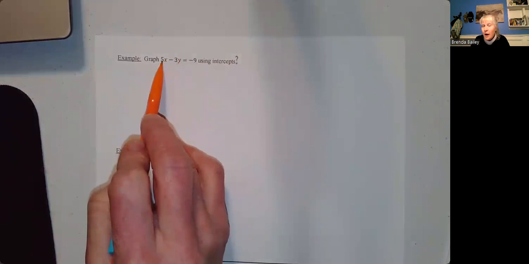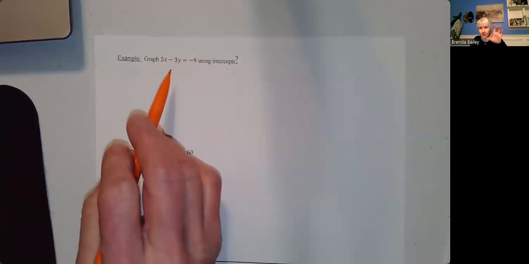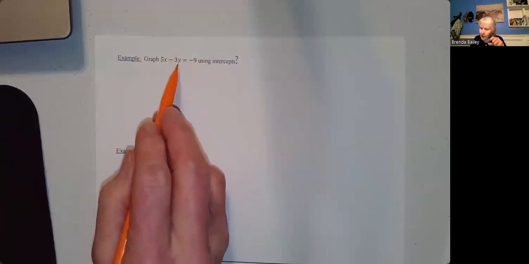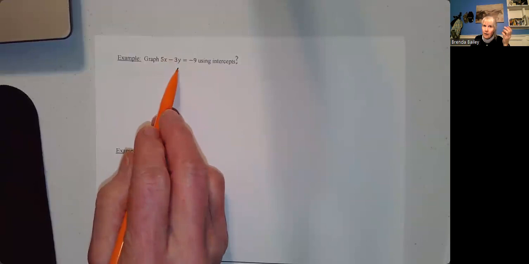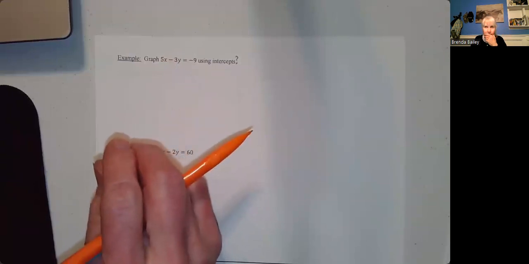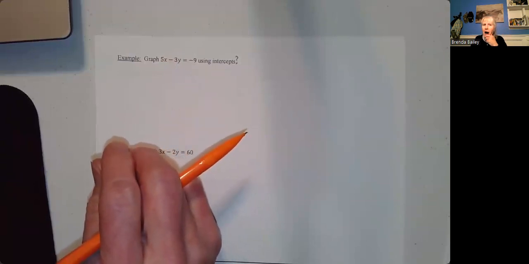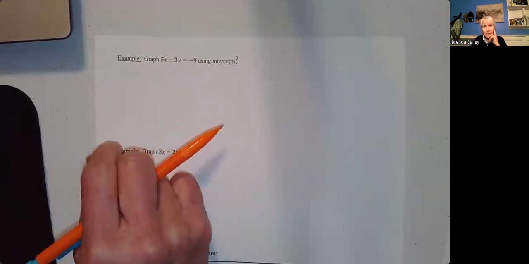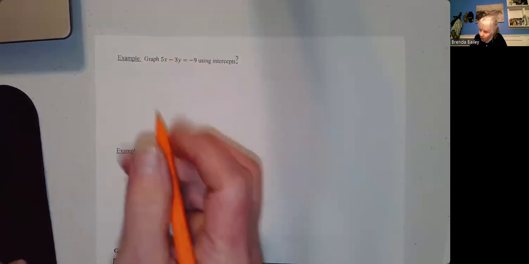So I would not use this method. Do not use this method as far as finding out where it hits the x-axis and the y-axis and plotting those 2 points. This right here, you could use a t-chart and pick some numbers. I would probably get the y by itself and use the slope-intercept method. So this gives us an opportunity to go through that method a little slower.